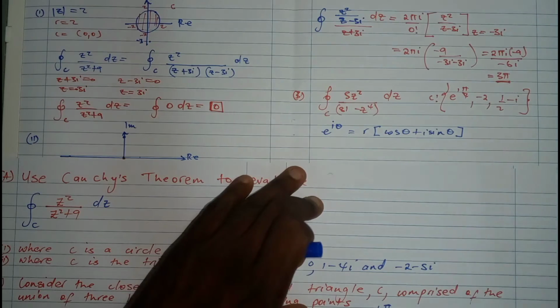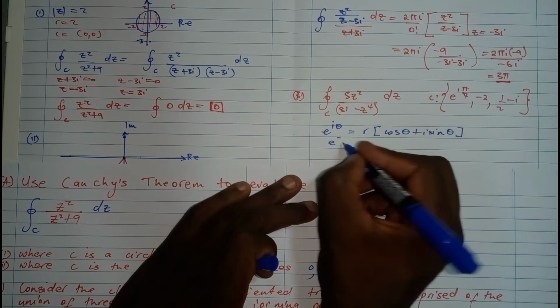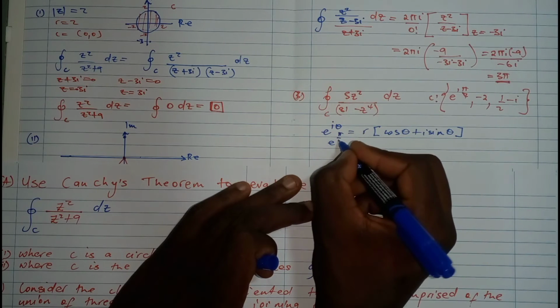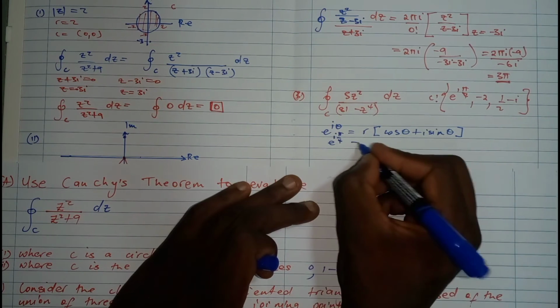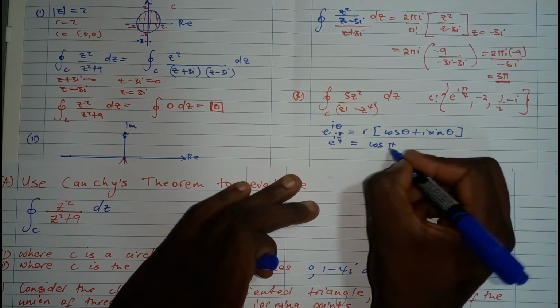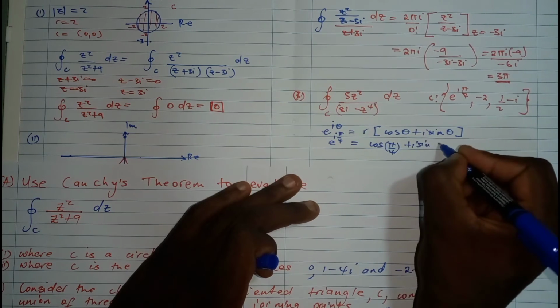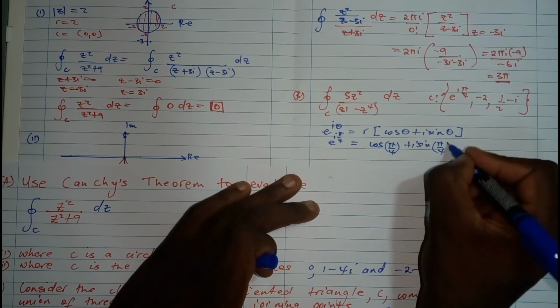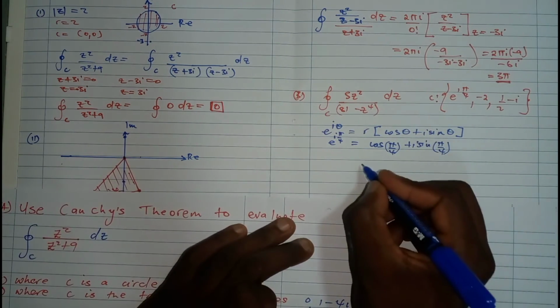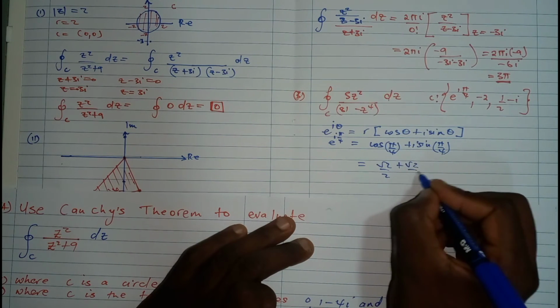So e to the power positive i pi upon 4 is the same as saying we have 1 here, cos pi upon 4 plus i sine pi upon 4, and this is equal to root 2 over 2 plus root 2 over 2 i.